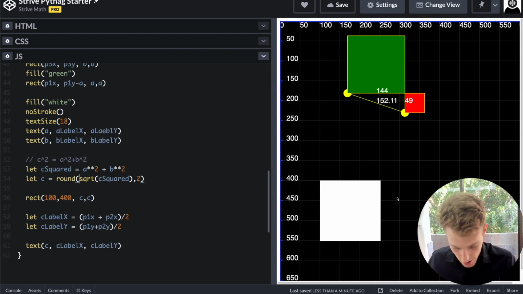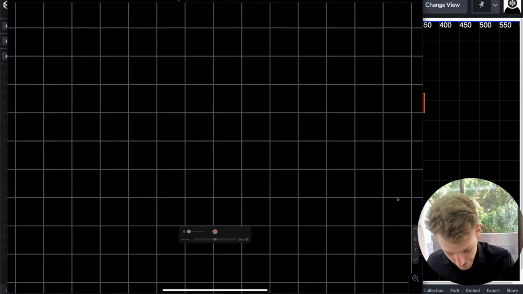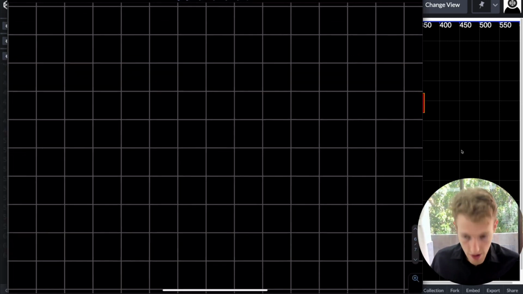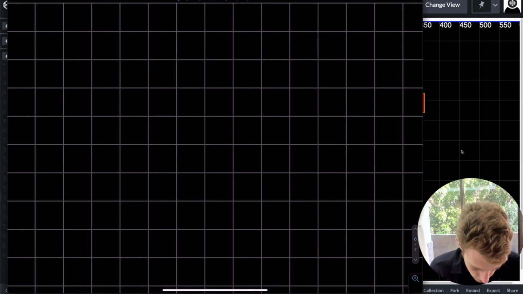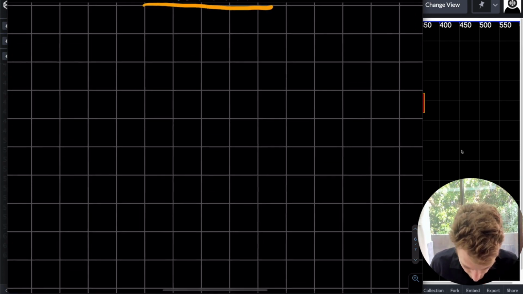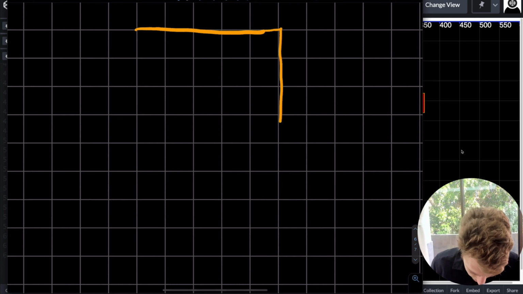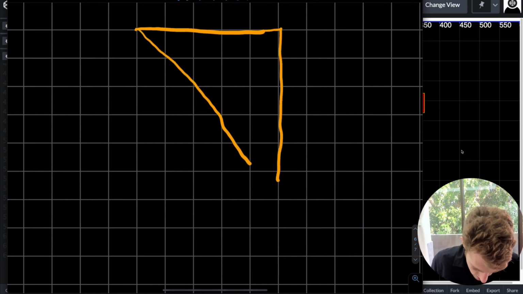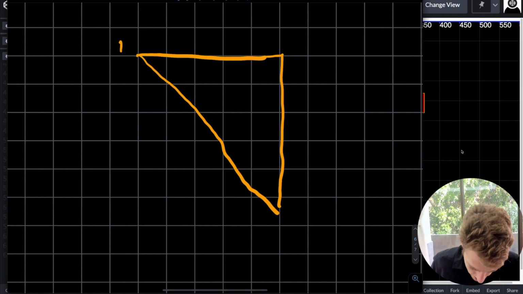I will open up this over here, and let's have a look. So we know when we have our triangle, it looks something like this. And we label this point 1, we label this point 2, point 3, and we're looking for the distance from point 1 to point 2. Right?